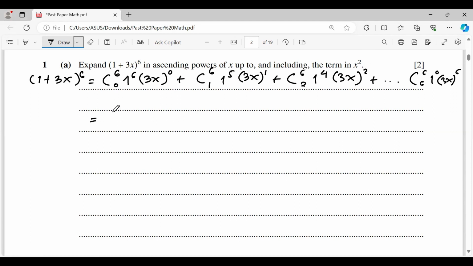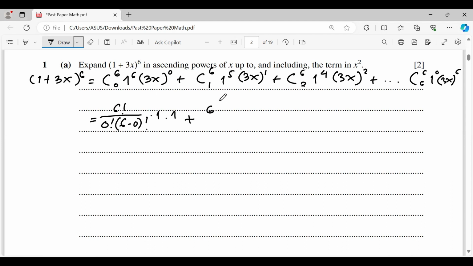So combination 6, 0 is 6 factorial over 0 factorial times (6 minus 0) factorial, times 1 because 1 power 6, and times 1 because (3x) power 0 equals 1.